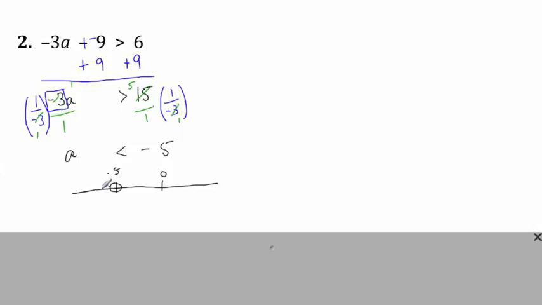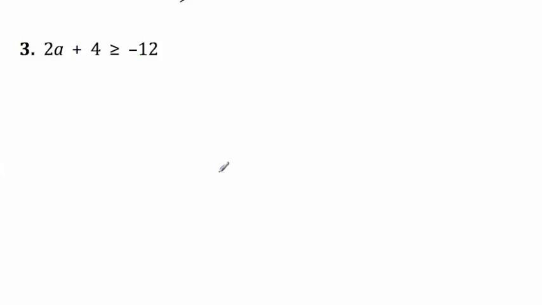Since it's a less than, we should shade to the left to show that any number less than, or to the left, of negative 5 will make the original statement true. So put an arrow on the end to show that this goes on forever through negative infinity, and that is how we would solve that inequality.